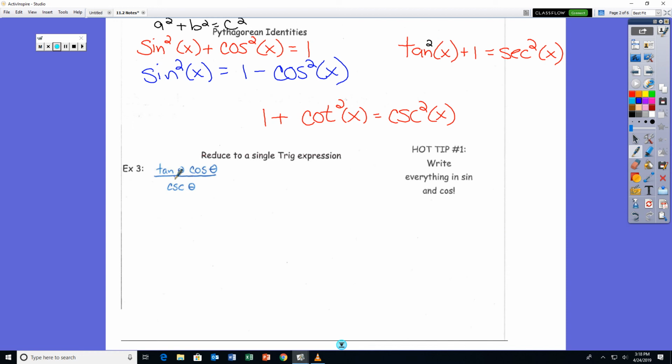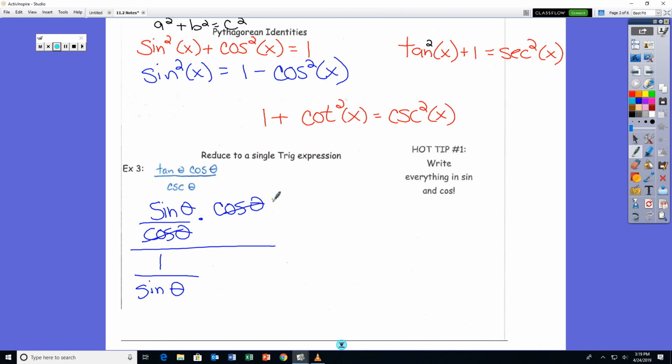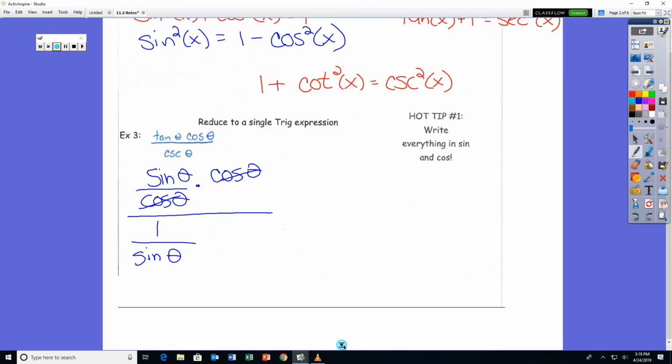First one, when I got tangent of theta, that's going to be the same as we said, sine over cosine times cosine of theta all over 1 over sine theta. Now you'll hopefully notice in the numerator my sine and my cosine will cancel out.